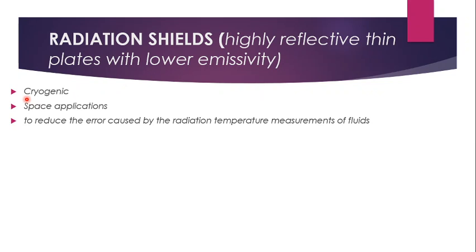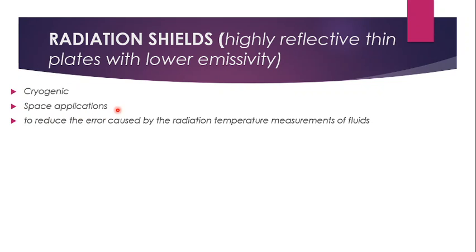There are many applications of radiation shields. In fact, in all applications where radiation is happening, radiation shields are being used. The first application is cryogenics, the second one is space application. In both cases, there is an extreme range of temperature. In cryogenics, temperature is always less than minus 150 degrees centigrade.